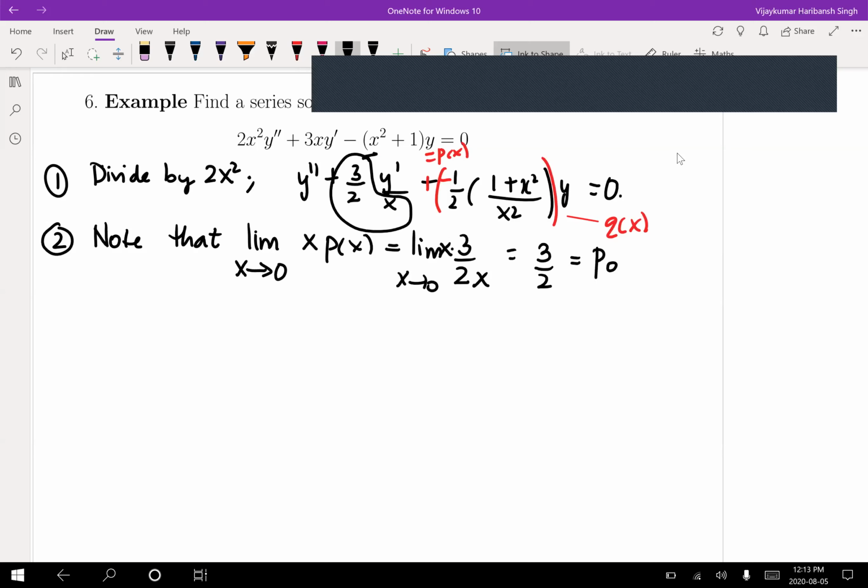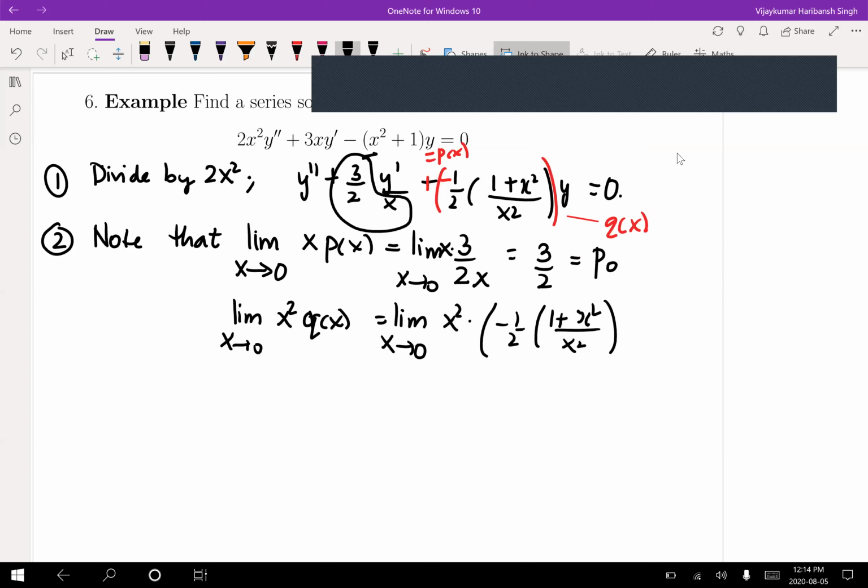Okay. And similarly, the limit as x goes to 0 of x squared q(x) is the limit as x goes to 0 of x squared times minus 1/2 times (1 plus x squared) by x squared, which is going to be minus 1/2, which is your q naught.